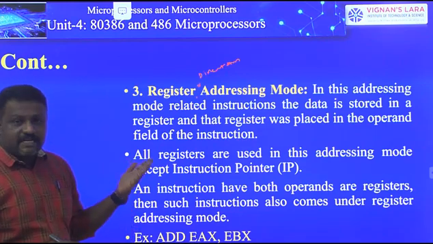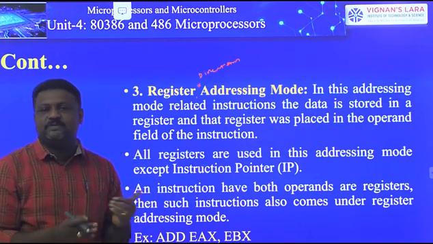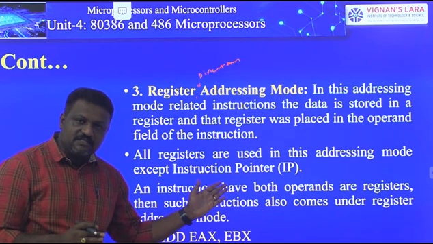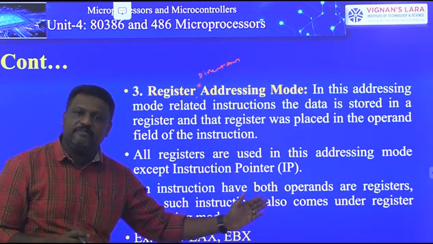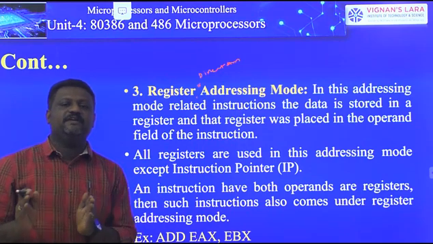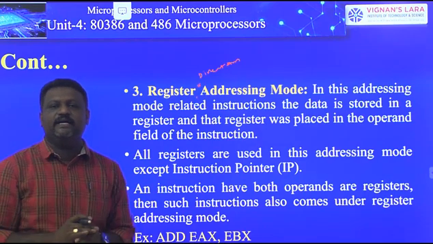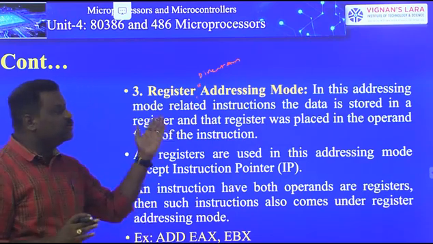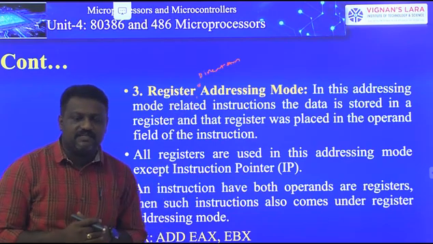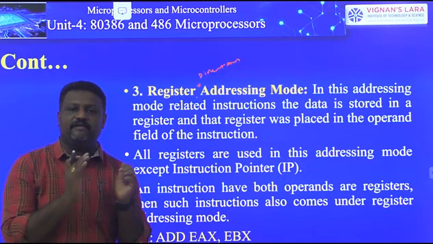So our data we can store in any general purpose register, but we don't use either segment registers, the instruction pointer IP, or the flag register. Apart from these three kinds of registers, we can use any CPU register to hold the data, and that register we can use in the instruction operand field. Then such instructions come under register addressing mode or register direct addressing.